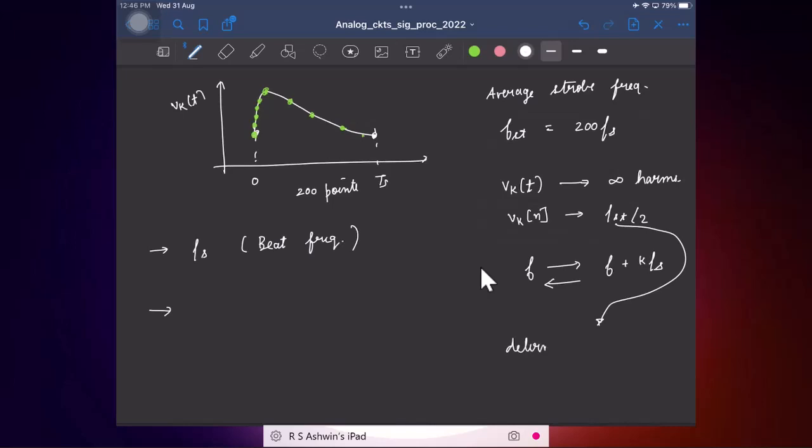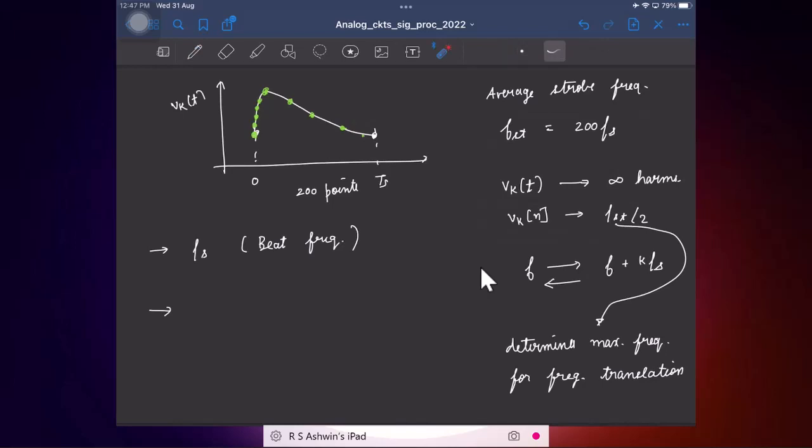So I'll just say Fst determines the maximum frequency that we can consider for this frequency translation. And as an end user, this is what is of more interest to us, right? I don't care how many points you take in one time period.